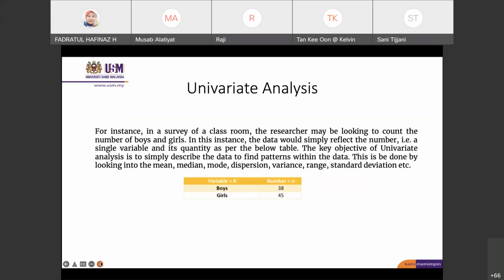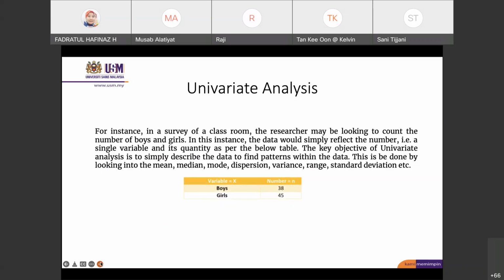Okay. So univariate analysis is the most basic form of statistical data analysis technique, right? When the data contains only one variable and doesn't deal with a cause or effect relationship, then a univariate analysis technique is used, right?